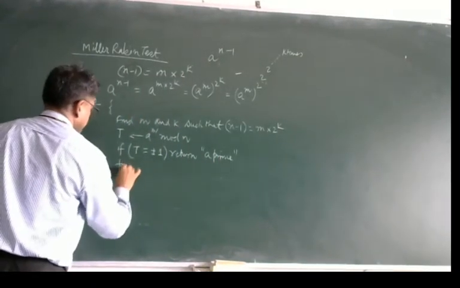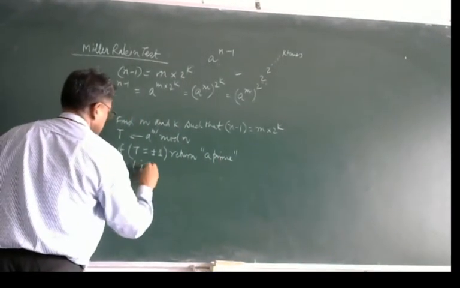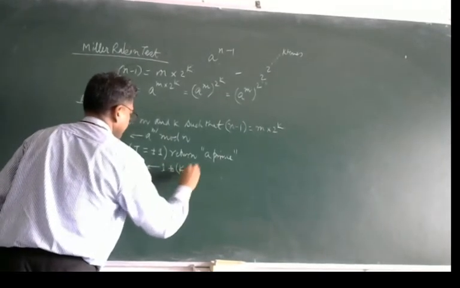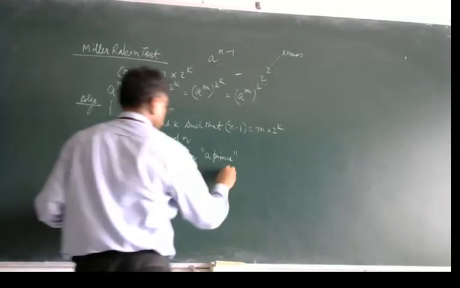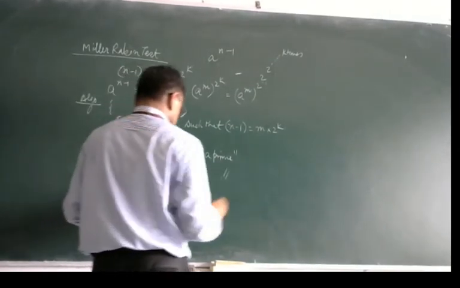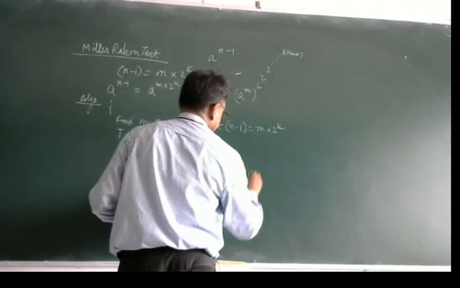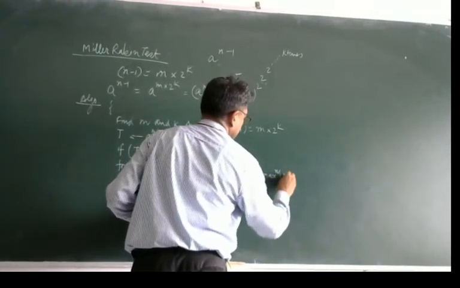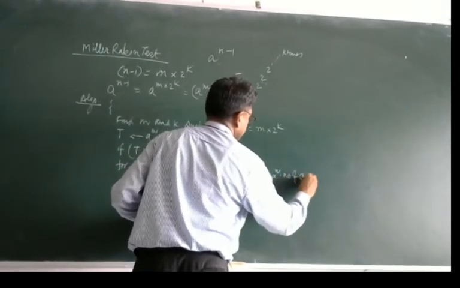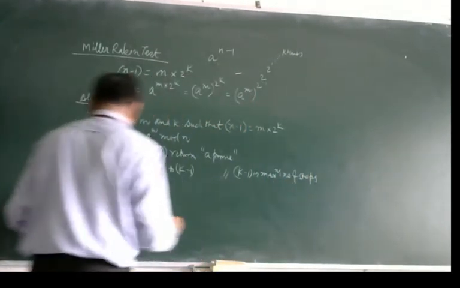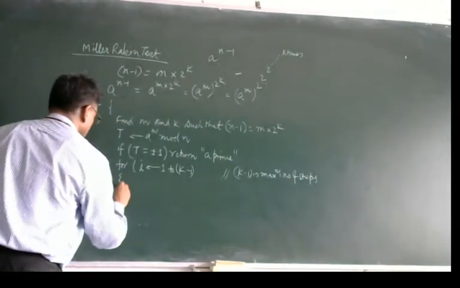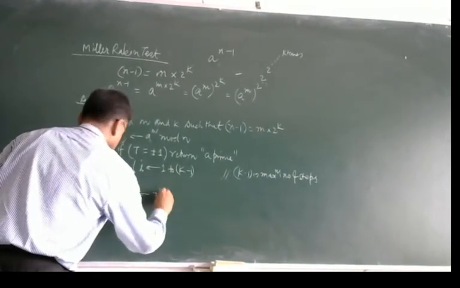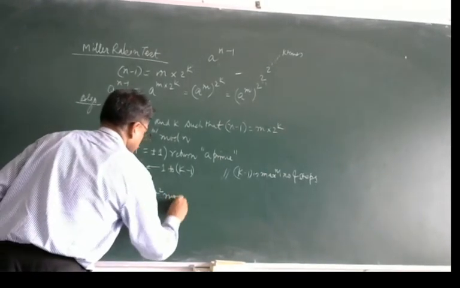For i equal to 1 to k minus 1, where k minus 1 is the maximum number of steps, what we do is square: t is equal to t squared mod n.